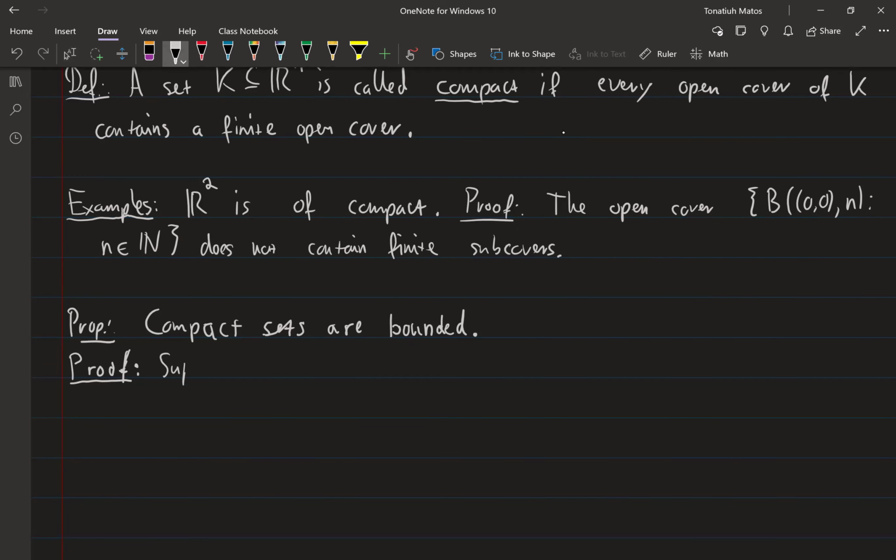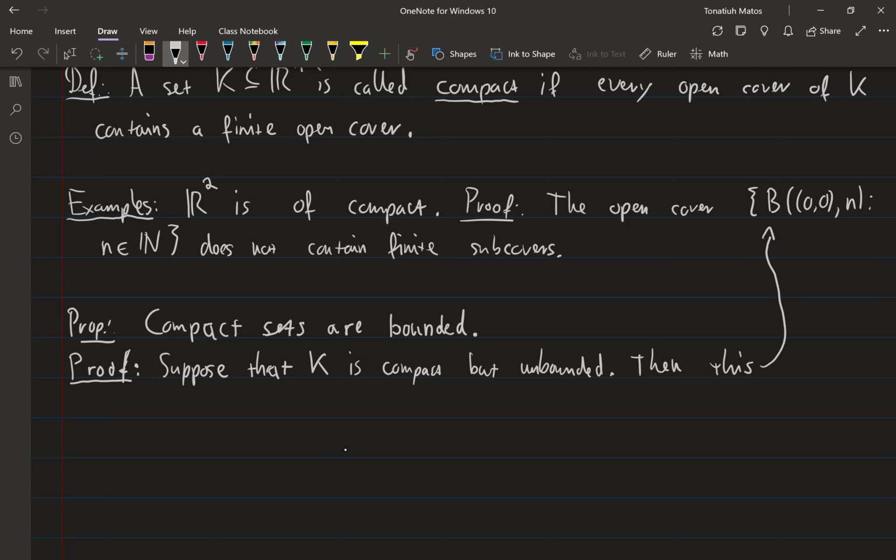So suppose that K is compact but unbounded, right? Then this cover, the same thing.